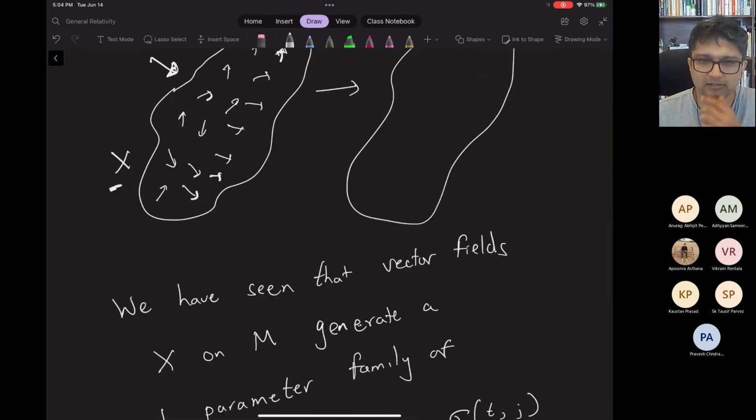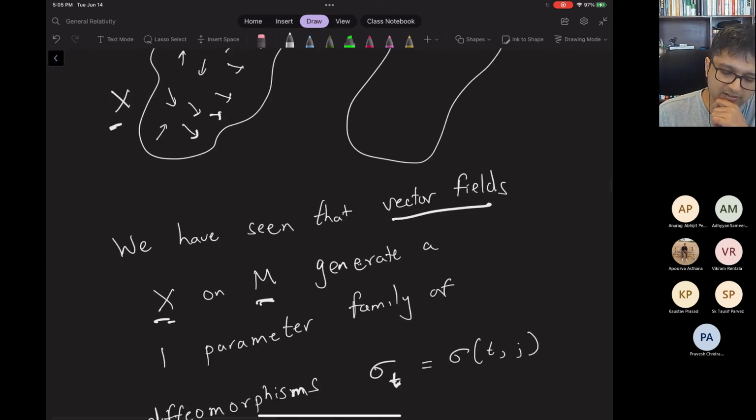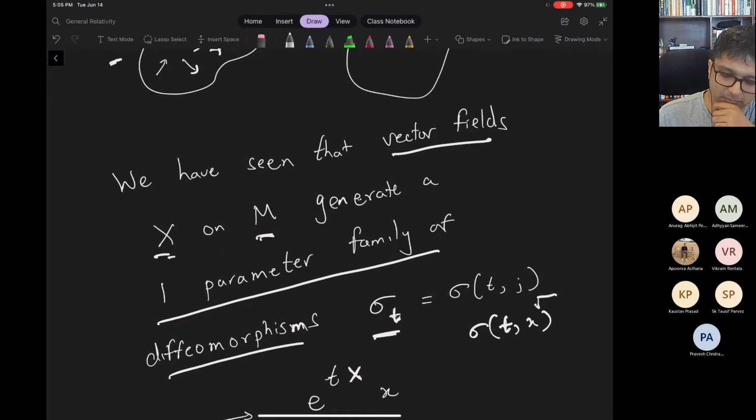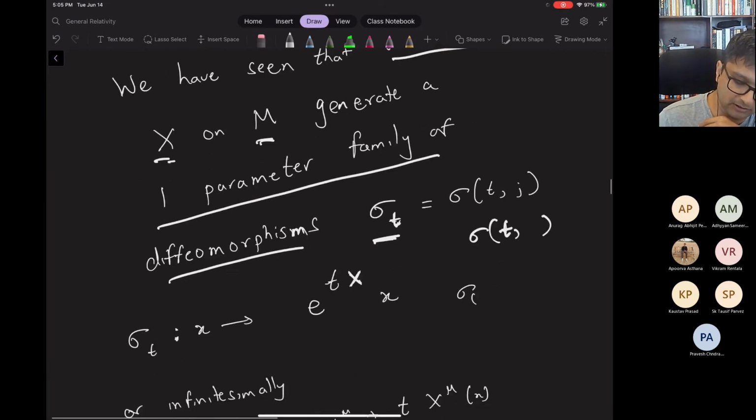So we've seen in the previous classes that if you have a vector field X on a manifold, then this vector field X generates a flow, or a one parameter family of diffeomorphisms, which we call sigma t. If we take all possible starting points for the flow on the manifold, so we leave this as an open slot, then sigma t is a map from the manifold back to itself.